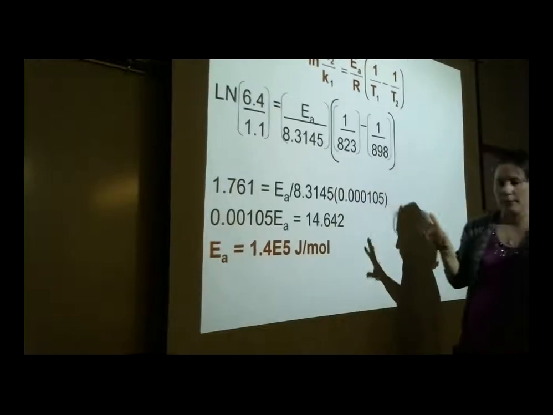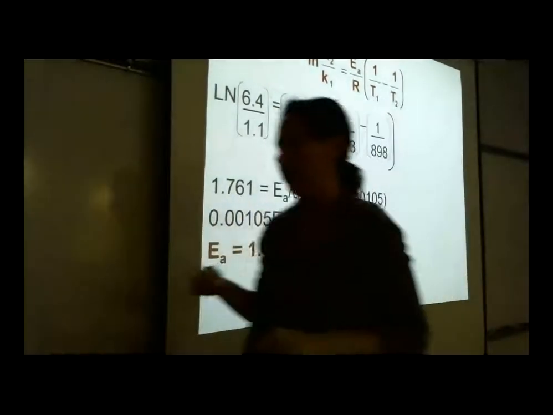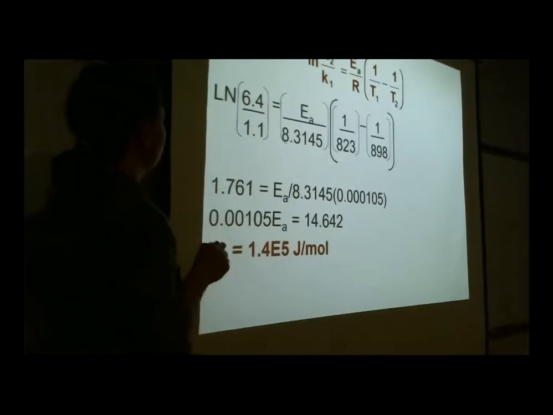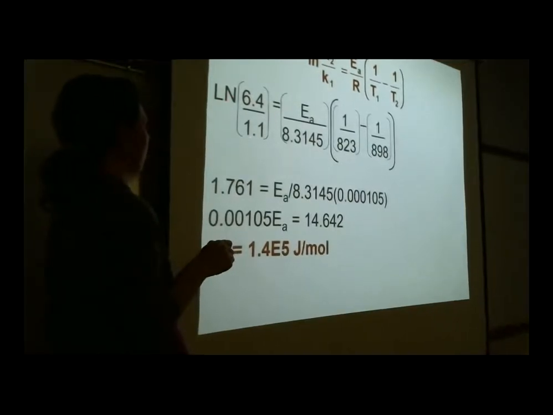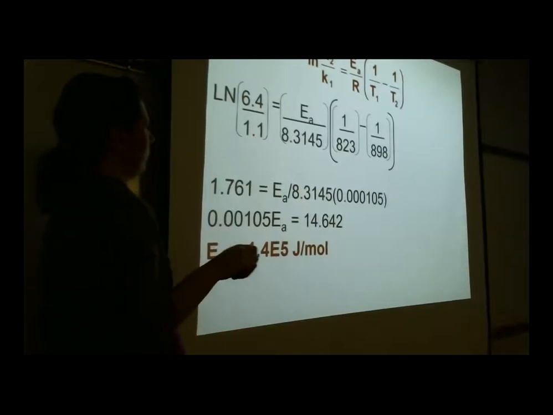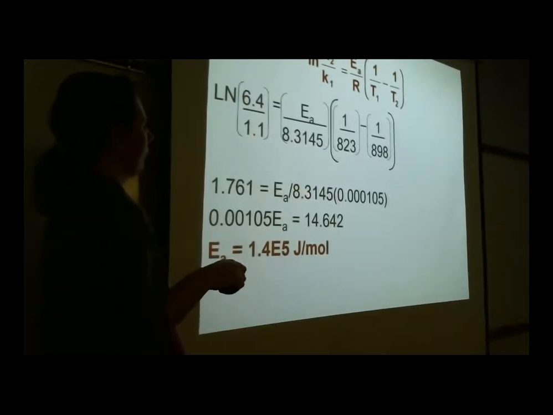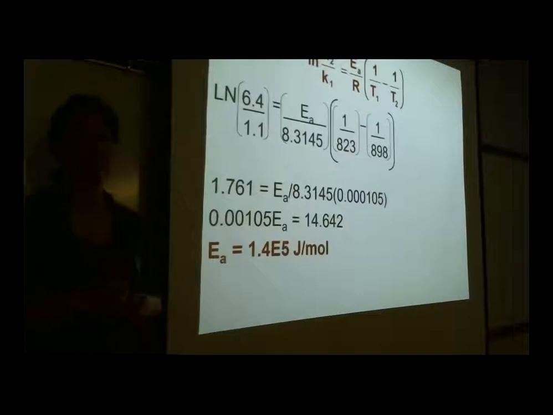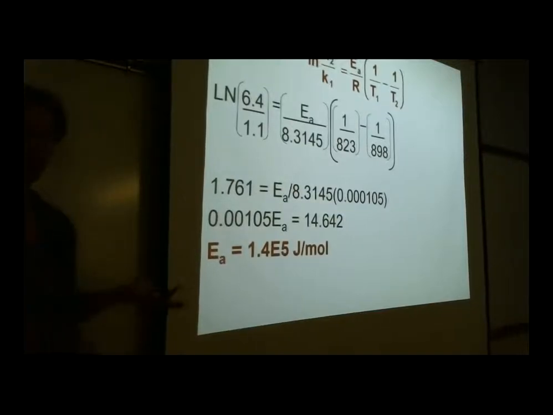You can't just plug them in arbitrarily. Make sure that you're plugging the correct T and the correct K in together. So we take the natural log of 0.6 over 1, essentially. Do this component. So Ea over 8.3145 times this. I got 1.4 times 10 to the 5th. Did you? Or if you converted it to kilojoules, that's fine.